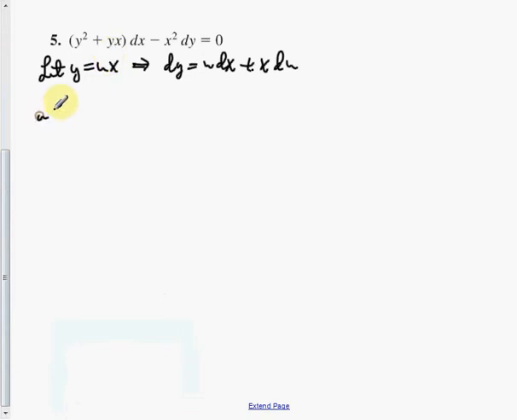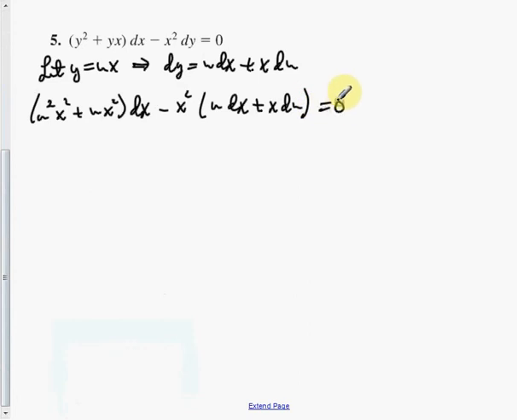So this is u squared x squared plus this becomes ux times x, or u times x squared dx minus x squared times parentheses u dx plus x du. This equal to 0.